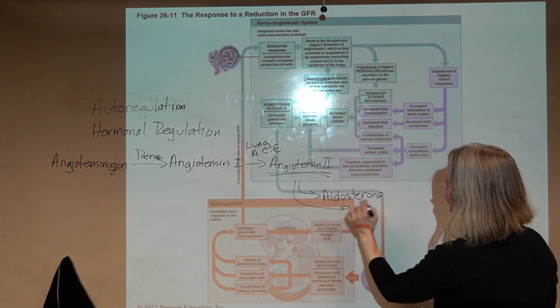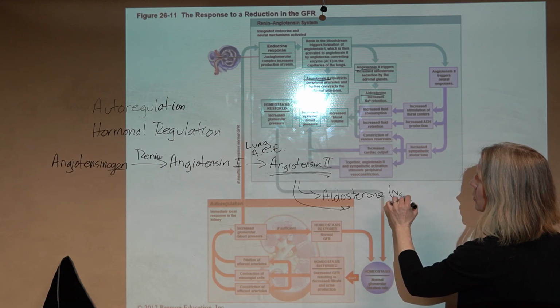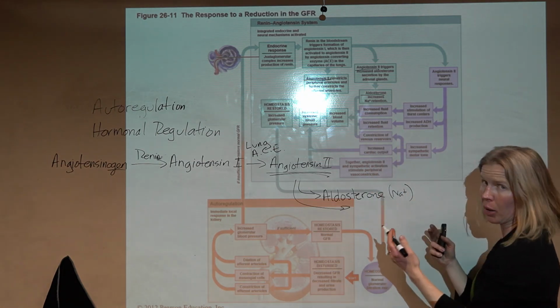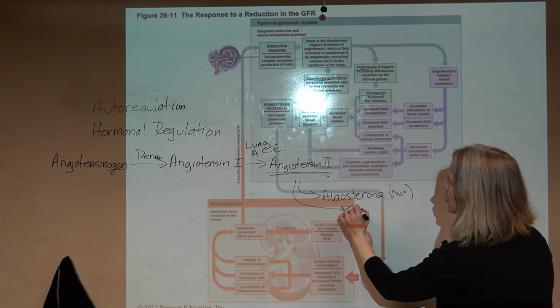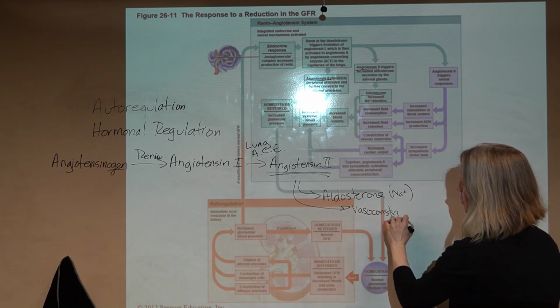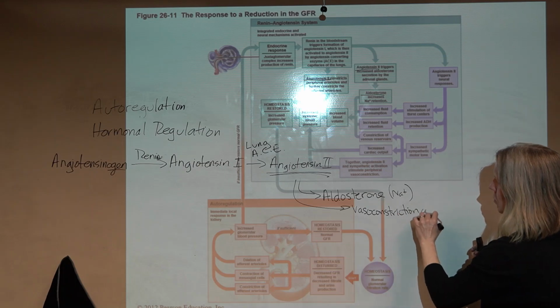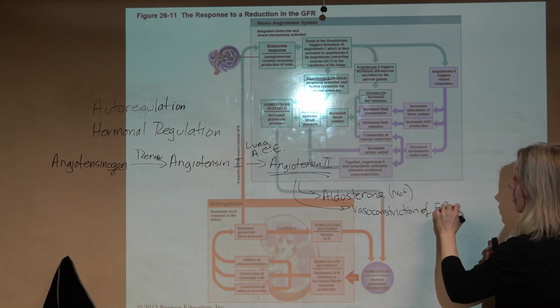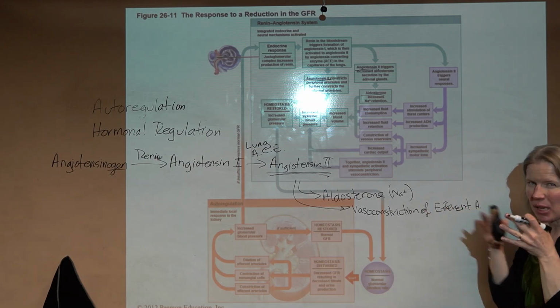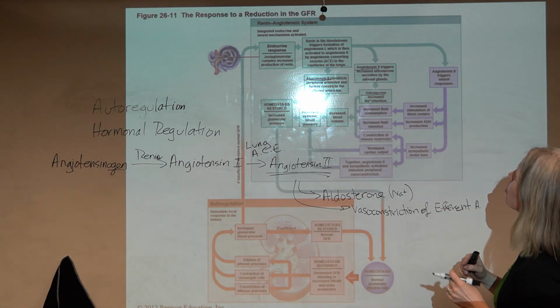Angiotensin 2 triggers aldosterone release, which we know is going to tell us to reabsorb sodium. Water is going to follow. We up blood pressure. Angiotensin 2 did vasoconstriction of that efferent arteriole, right? So the exit becomes smaller. That's going to up our blood pressure.